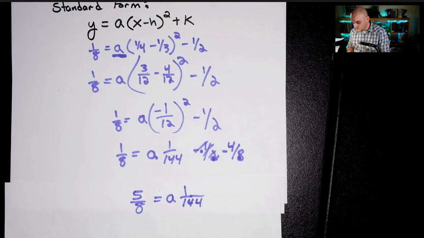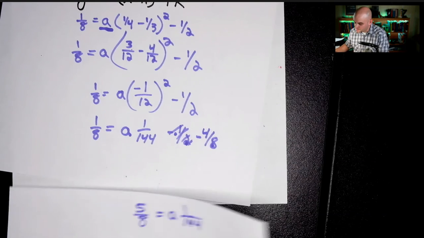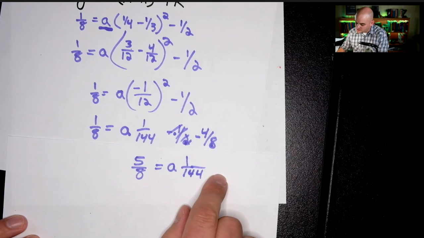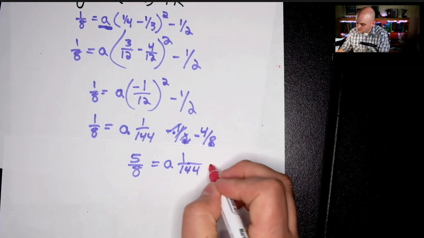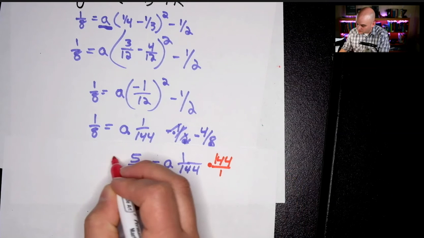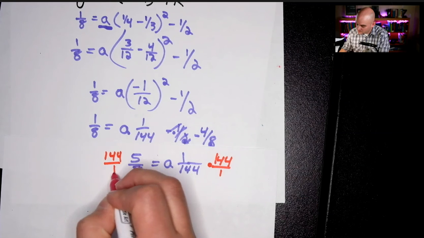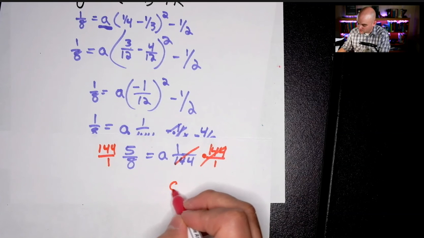Now, still solving for a here. Whoops, paper is wanting to jump off the table here. To still solve for a, I need to divide both sides by 1 over 144. Another way we can say divide fractions is to multiply by the reciprocal. So that's what I'm going to do here. Multiplying both sides by that cancels that out, and I'm left with a by itself.